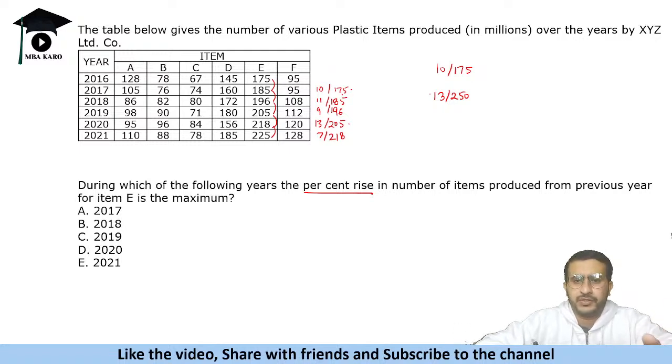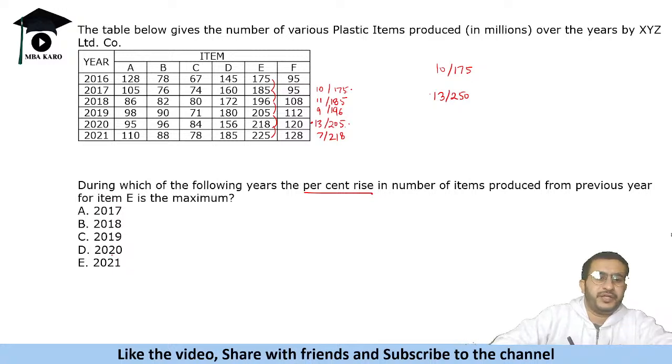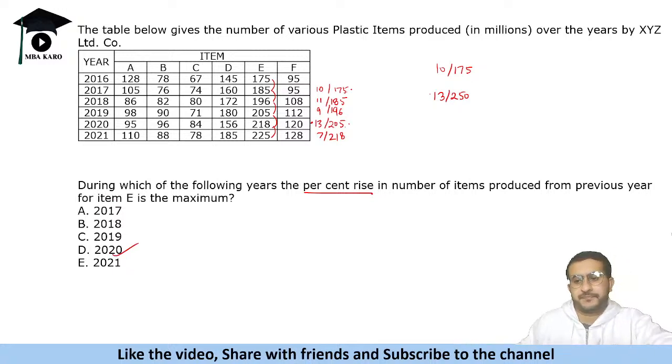There is not a very high difference. Even 30 more than 175 is roughly 20%, but here it is more than 20%. So you can comfortably say that in 2020 it was the highest. By just approximating, you can tell that this is the highest. You do not need to divide and calculate the highest percentage.